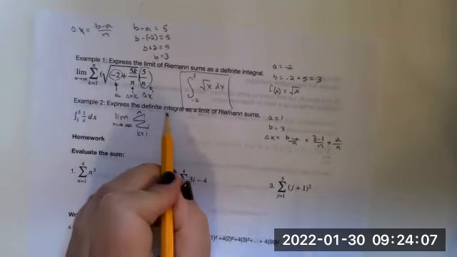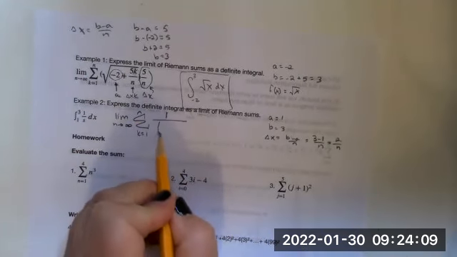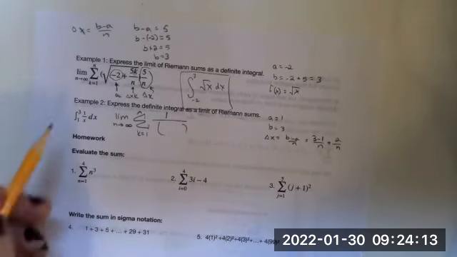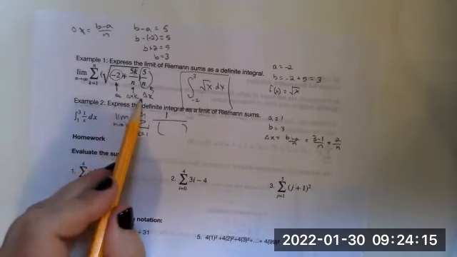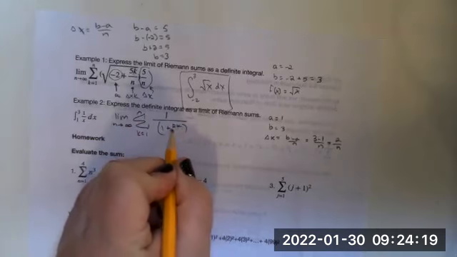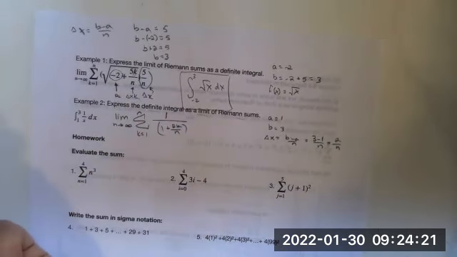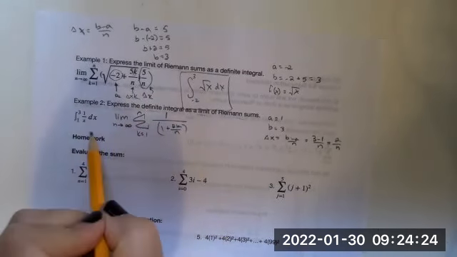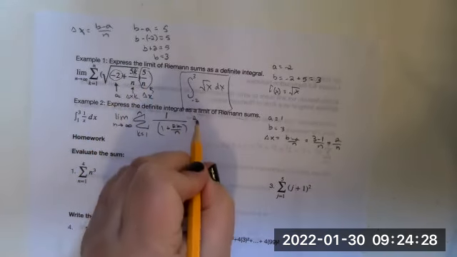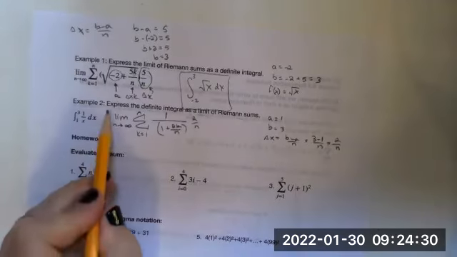So we know the function is 1 over blah, and that blah is going to be a plus delta x k. So 1 plus 2k over n. And then we have to multiply it by our delta x, which is 2 over n. And that's it.